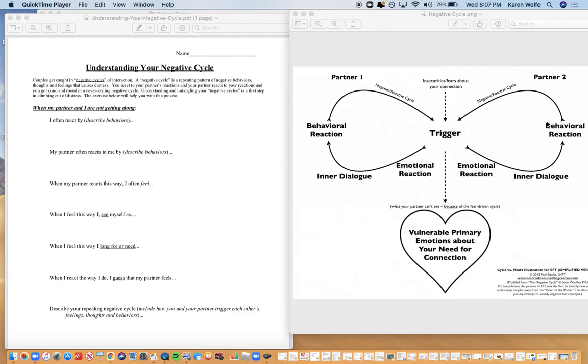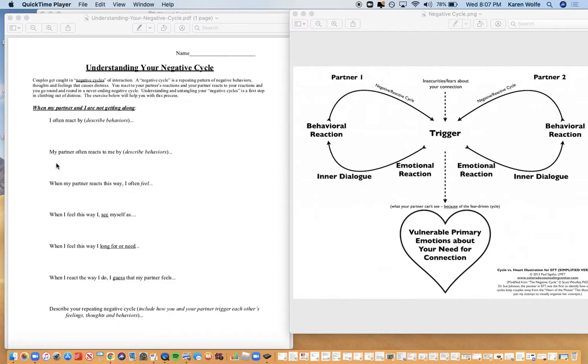And so when can we humbly identify our own behavioral reaction, and it is so helpful for our partner to hear us acknowledge verbally, yeah, I turn away. Yeah, I push harder.